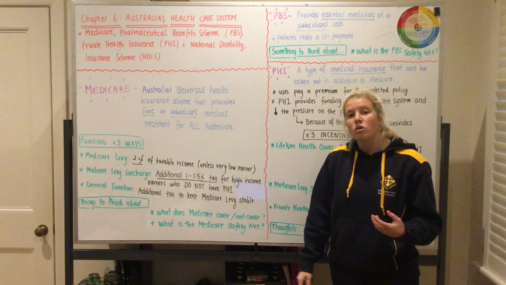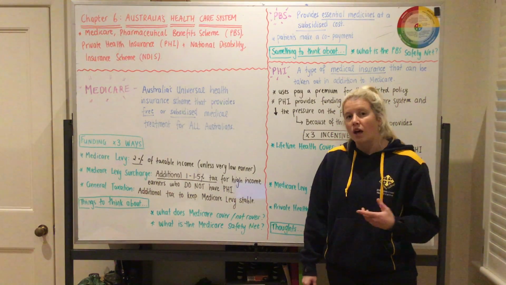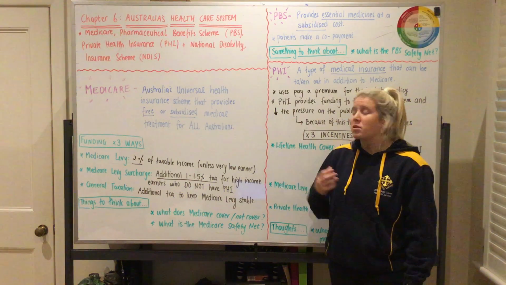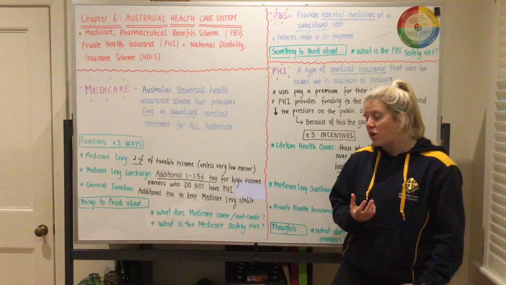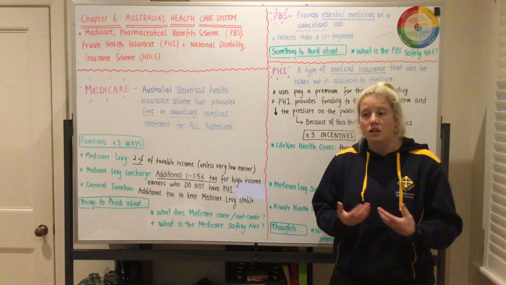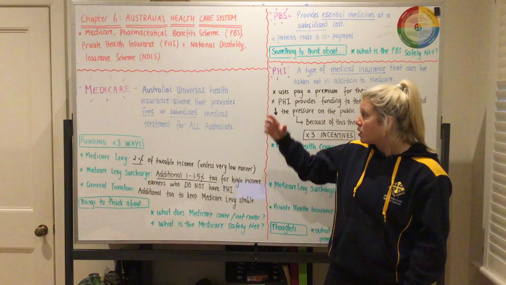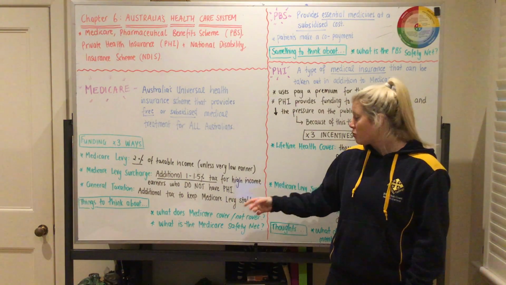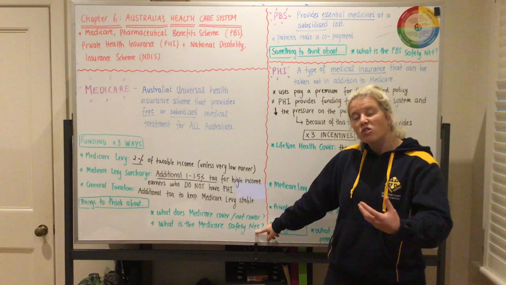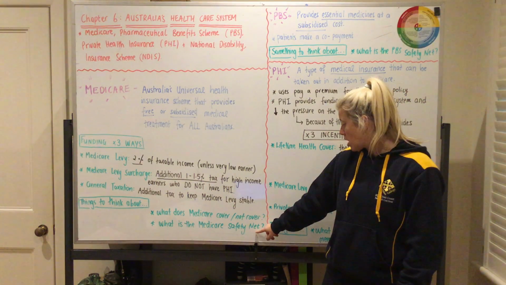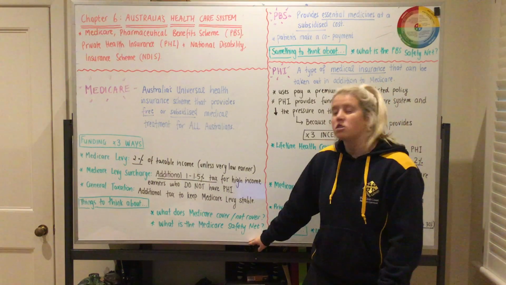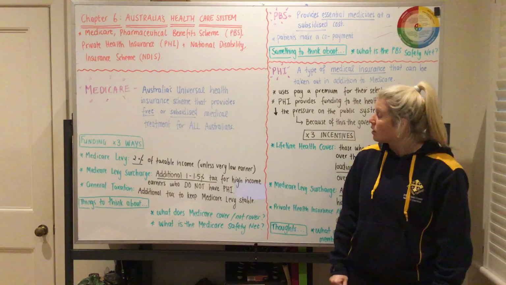So if a person or a family in a 12-month calendar year goes over a threshold, so maybe they've got a chronic condition or they've been in a really serious accident, had an extensive rehab program, the government actually reduces the cost of healthcare for them if they've gone over it for the remainder of the year, just to look after those people most in need. So please have a look, make sure you add into your notes, Medicare safety net.